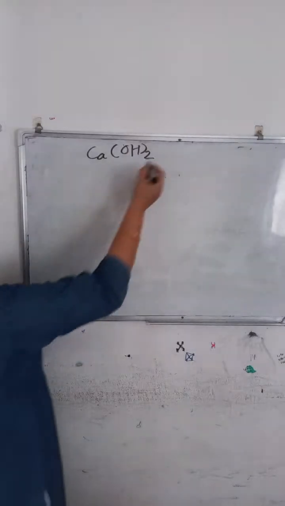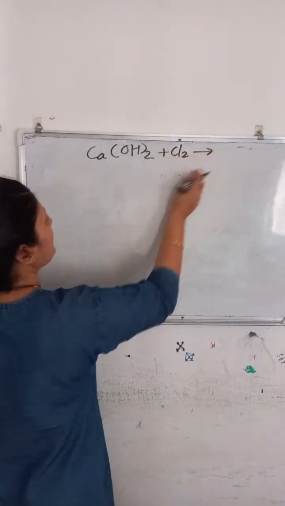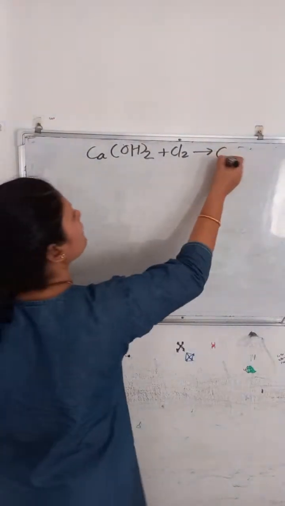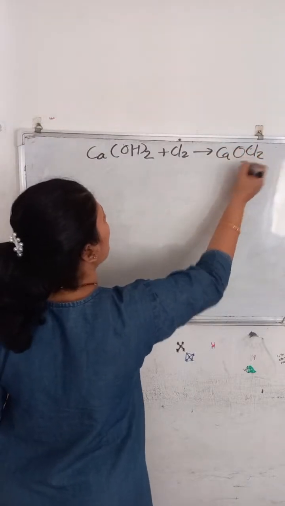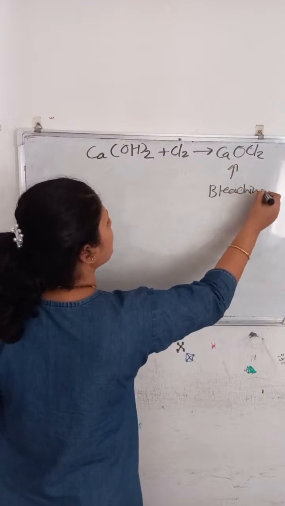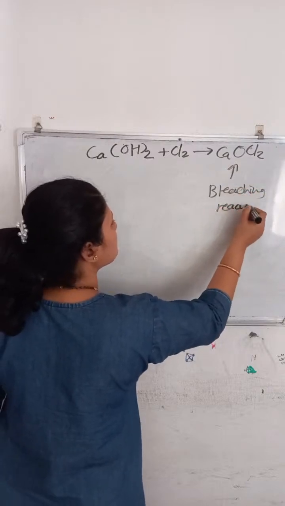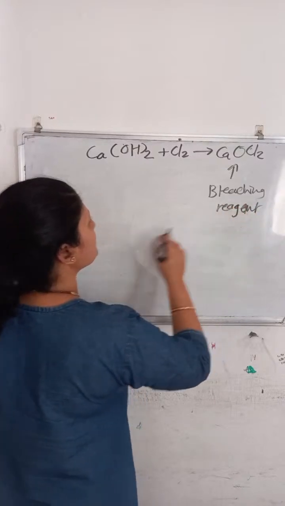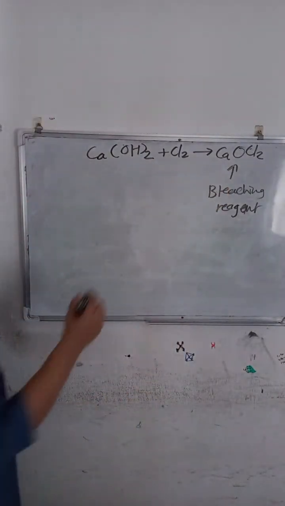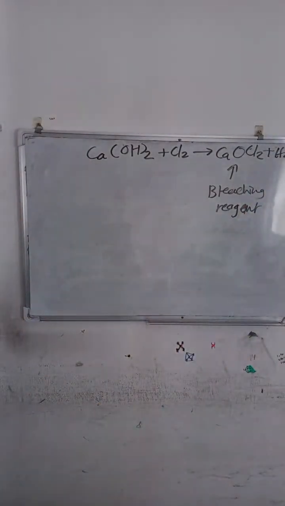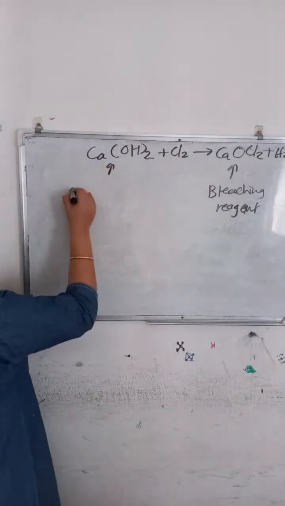When it reacts with chlorine gas, it forms CaOCl2, and this is the bleaching reagent. This acts as a bleaching reagent, and this is calcium oxychloride. Water is formed as one of the products. Okay, and this is nothing but your dry slaked lime.